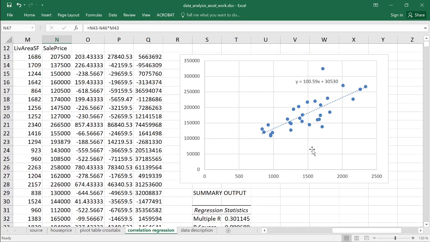So what we would now say would be, given the situation from this sample of data, an increase in the living area by 1 unit on average is associated with an increase in the prices of houses by $100.